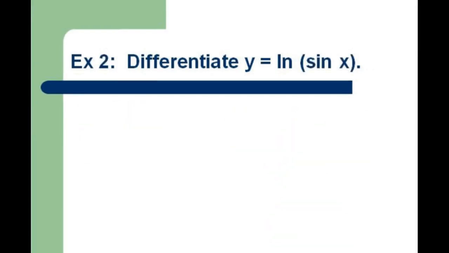Number 2, we have y equals the natural log of sine x. So my u value is the inside, which is sine x. My u prime, or du dx, remember they're the same, is the derivative of sine. Well, the derivative of sine is cosine x.